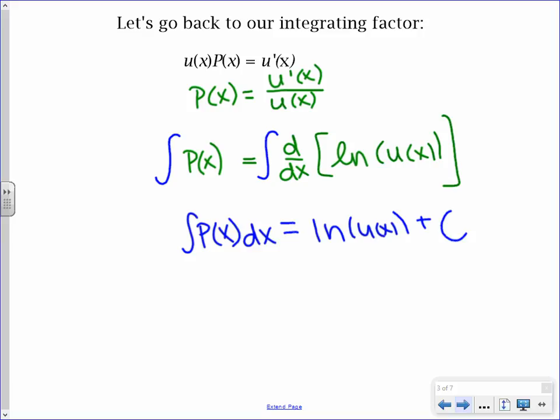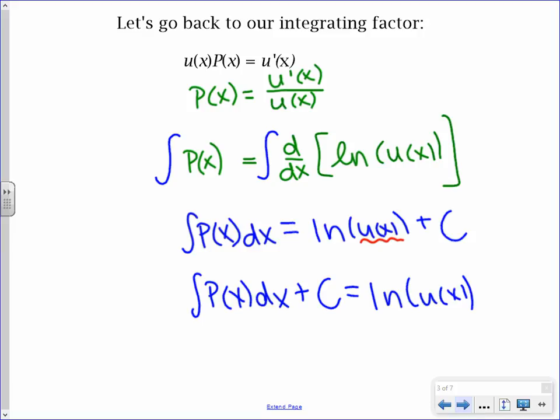Now, we need to know what u of x is, right? U of x is our integrating factor. That's the function that we need to make everything work in order to be able to solve for y in our differential equation. So this is our golden ticket right here. If we wanted to solve for u of x, then we would have to move that plus c to the other side.